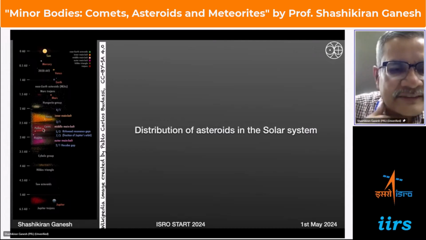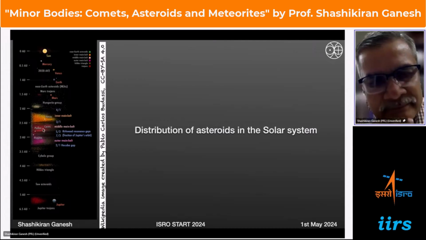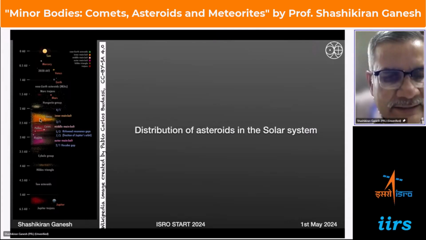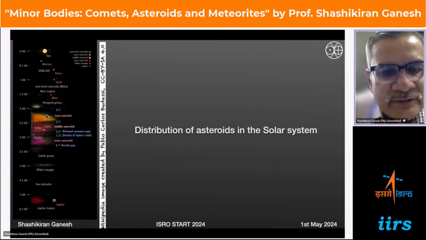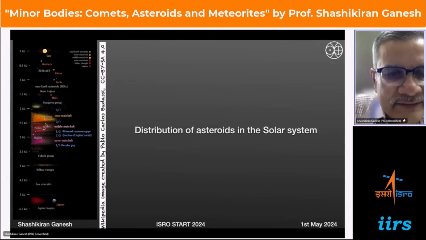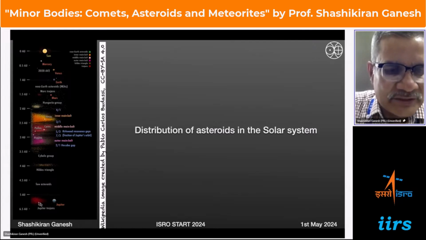Ceres was in fact the first asteroid to be discovered between Mars and Jupiter, and people initially thought of it as a planet, but later they found that there were many more objects there, and Ceres was just the biggest of them all. The next one is Vesta, and then of course many other objects. Then you have much smaller numbers as you go further out, and then you have Jupiter with the Jupiter Trojans.